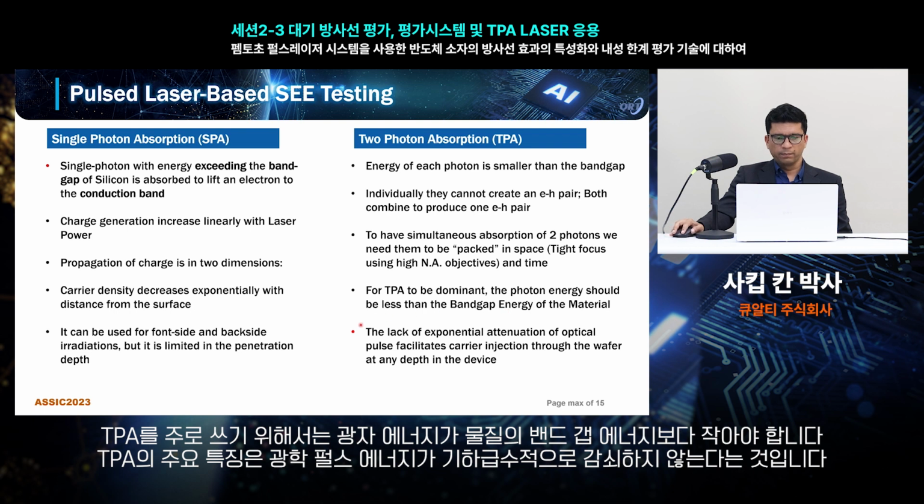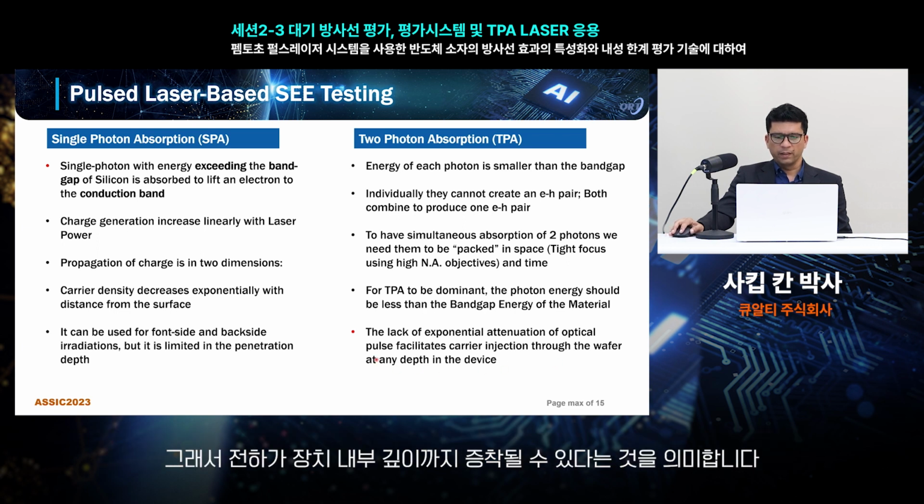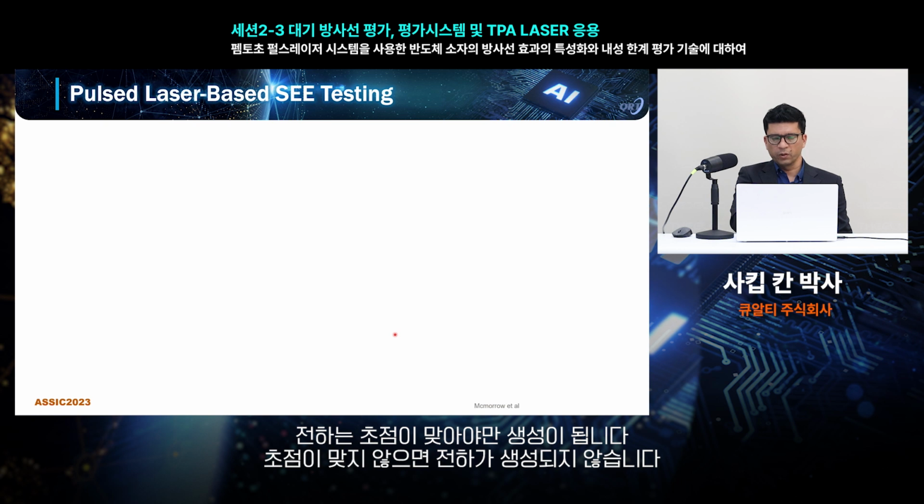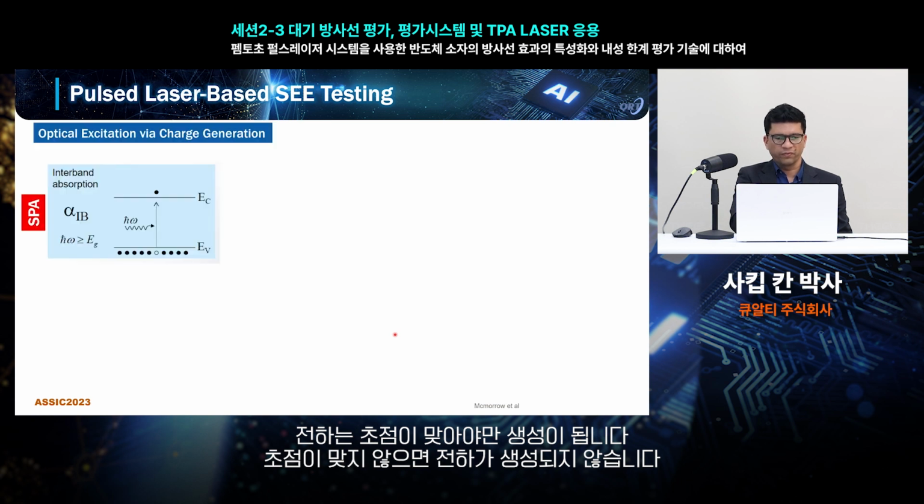The main feature of the TPA is that it lacks the exponential attenuation of the optical pulse energy, which means the charge can be deposited at any depth inside the device. The charge generation is only where the focus is. There is no charge generation out of the focus.